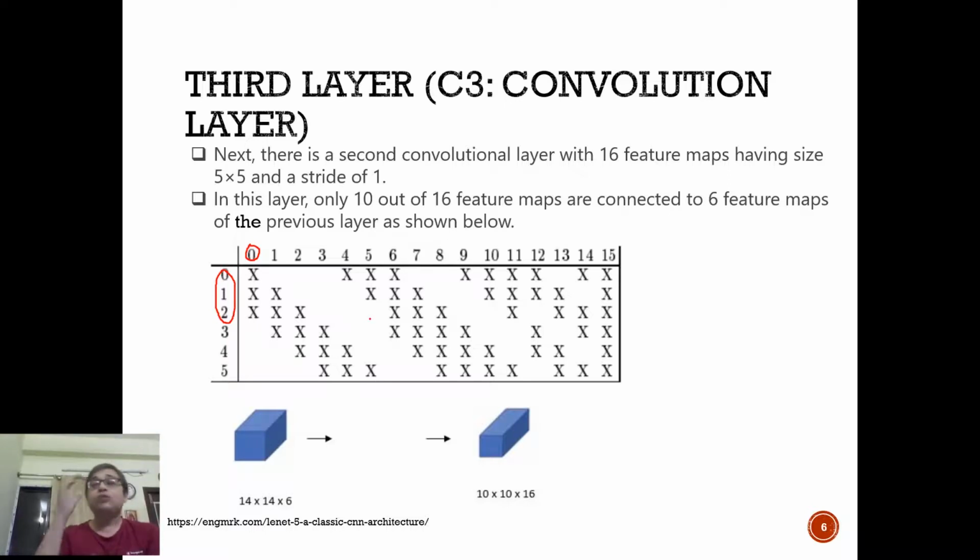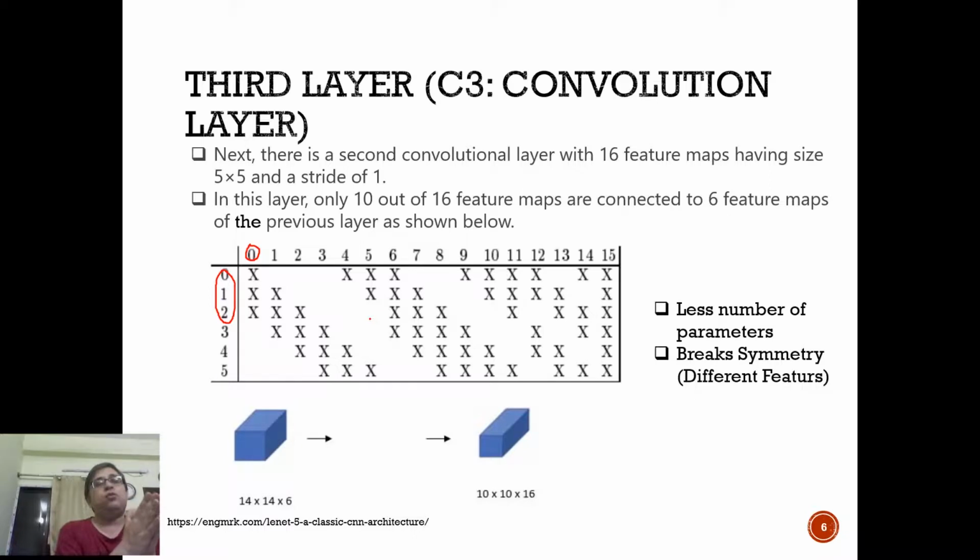So why was this done? It turns out that it results in fewer parameters, and it breaks symmetry. The filters we are using now do not look at all the feature maps from the previous layer symmetrically, so this can give you better discriminative features or different features. That was one of the core ideas.